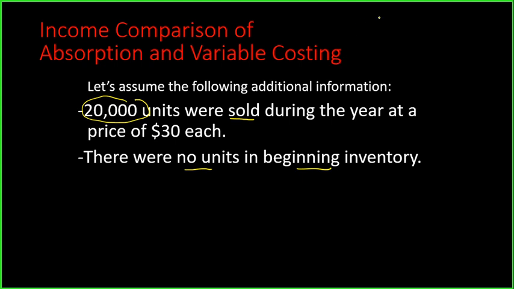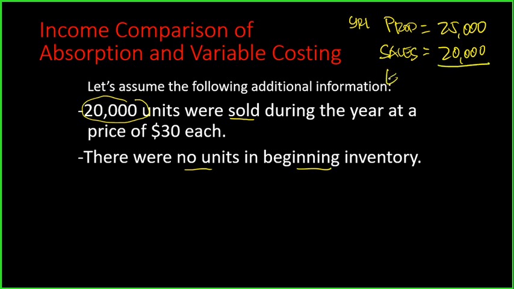In year 1, the production is 25,000 units while sales is 20,000 units. So if your beginning inventory is 0, we expect that your ending inventory will be 5,000 units. Or if there is a beginning inventory, we expect that this inventory will increase by 5,000 units.